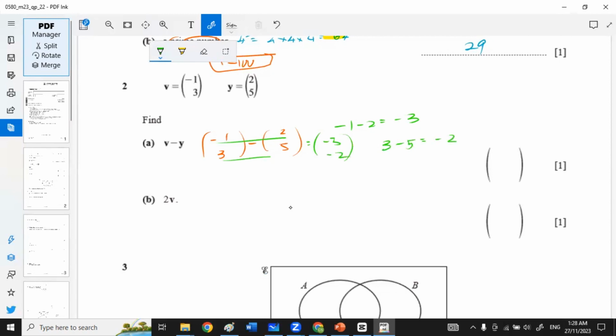So the answer is (negative 3, negative 2). Now you want to times. 2V is 2 times V, which is (negative 1, 3). So 2 times negative 1 equals negative 2, and 2 times 3 is equal to 6. Therefore, your answer is (negative 2, 6).